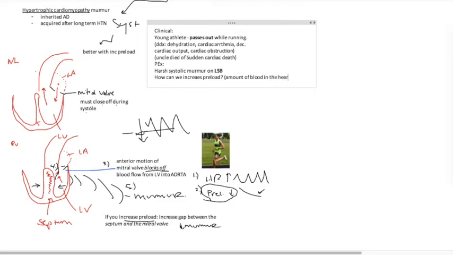So you can do that by a bedside maneuver. The bedside maneuver you could do is raise legs.